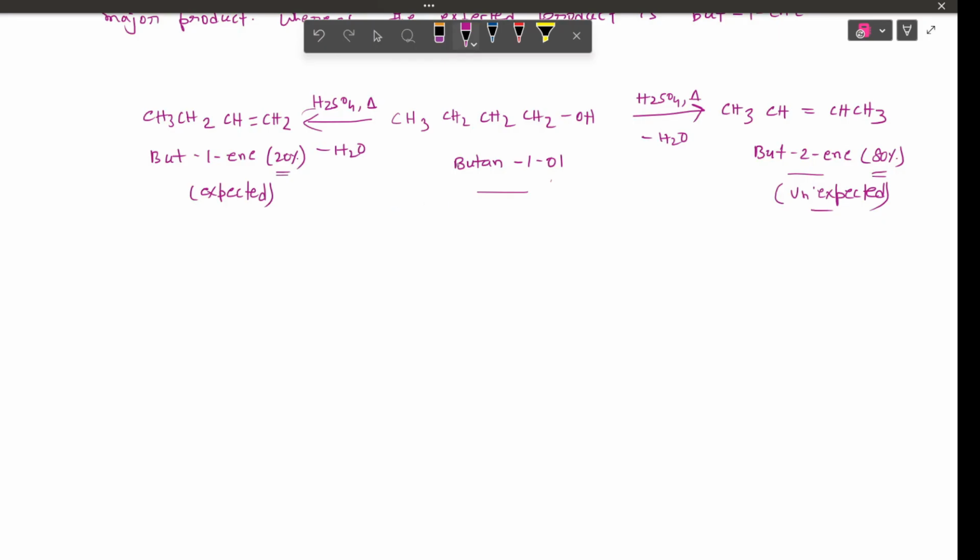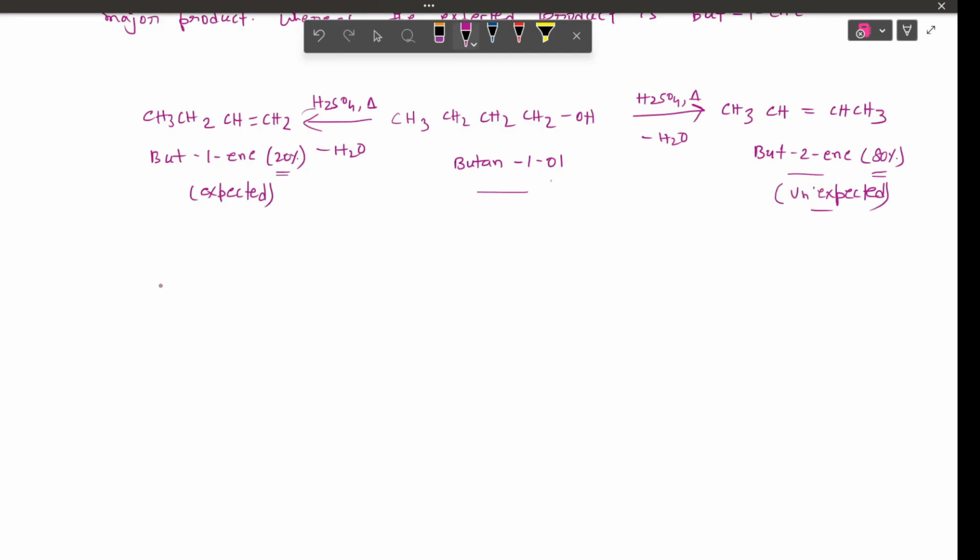This is because the n-butyl carbocation formed from butan-1-ol undergoes a 1,2 hydride shift to form the secondary butyl carbocation before losing a proton.